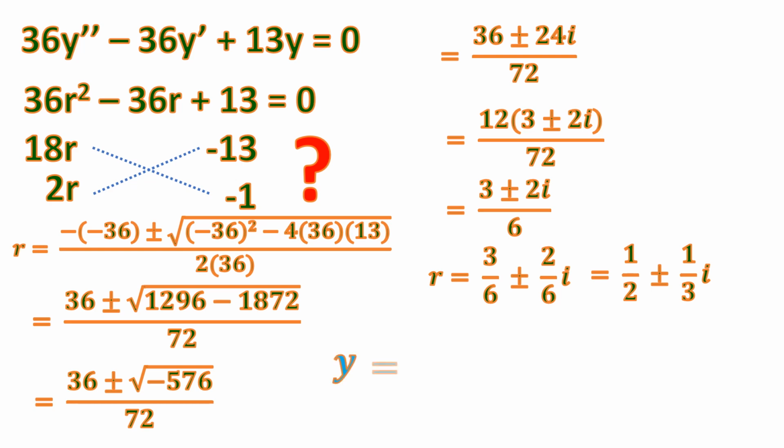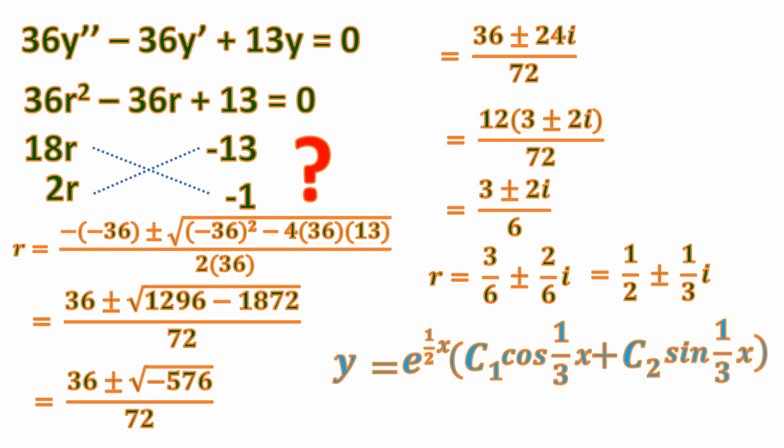So it's y equals, as I have shown for a complex number, e raised to the real part, which is 1/2 x, times c sub 1 cosine of the imaginary part, which is 1/3 x, plus c2 sine 1/3 x, and that's it. So that's how you write the answer if it's a complex number.